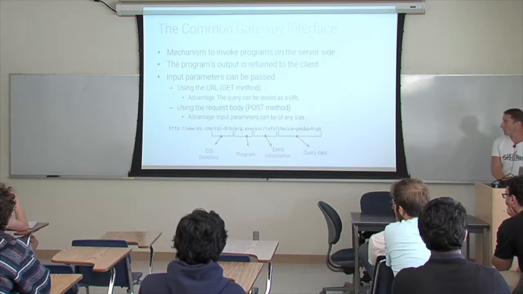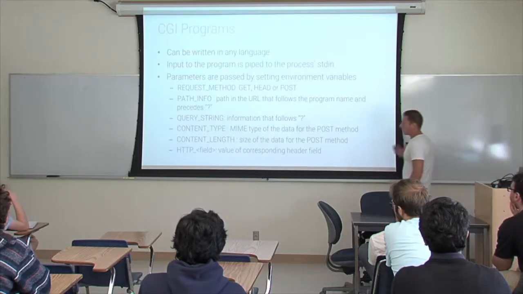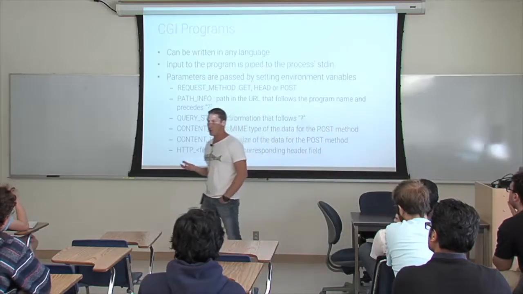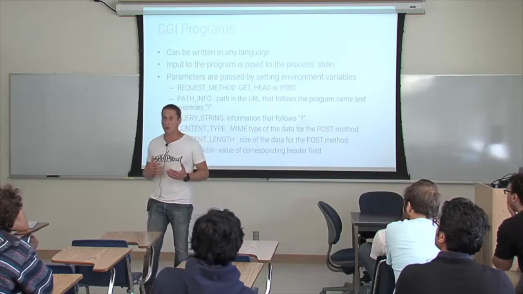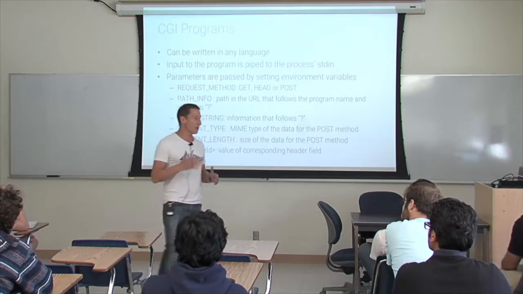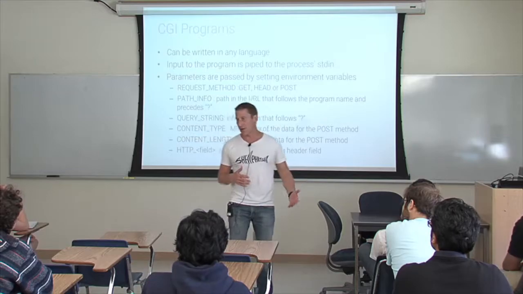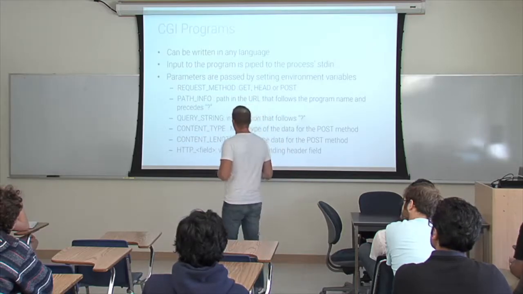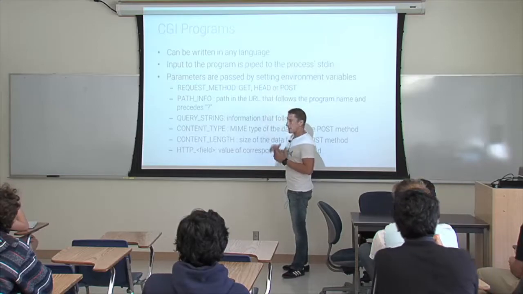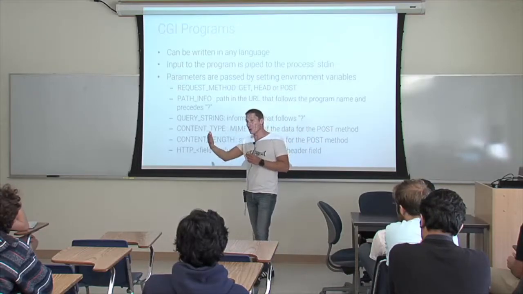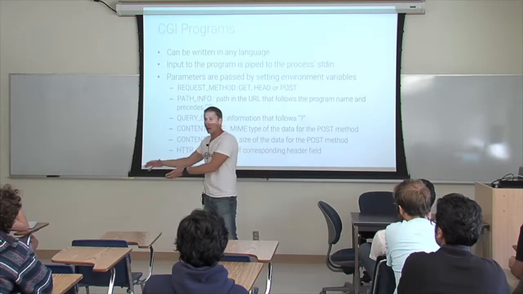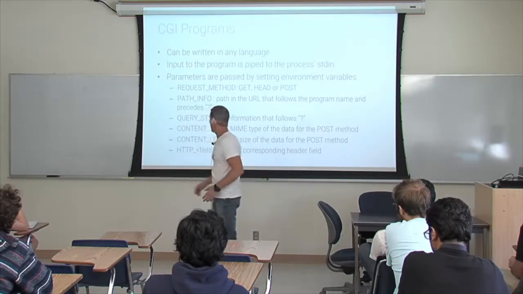The server and the CGI program interact by using environment variables. So a CGI program can actually be written in any language you want. It can be an executable, a Perl script, a Python script, a PHP script. But the basic idea is that everything that is sent as an input, for example, if you do a POST of a large file, that large file is going to be sent to the standard input of the program that is executed.